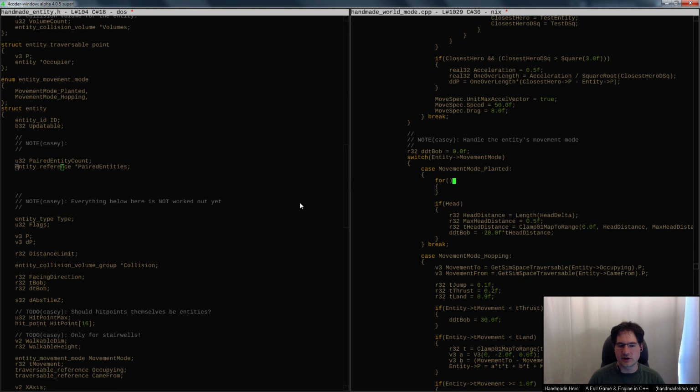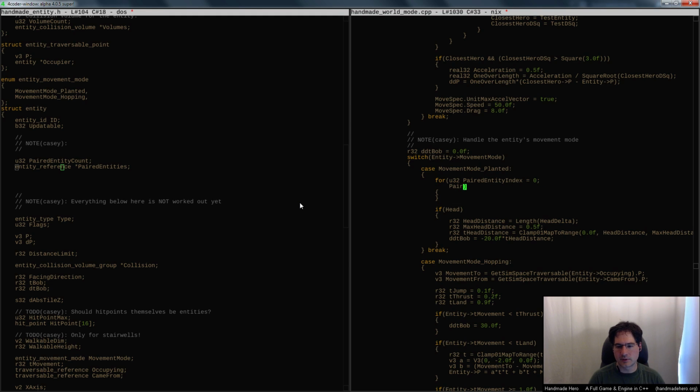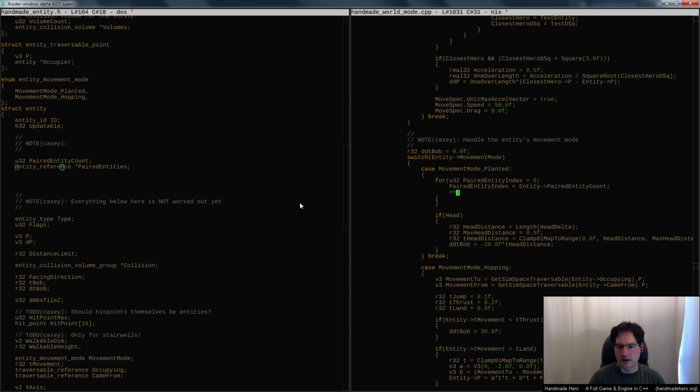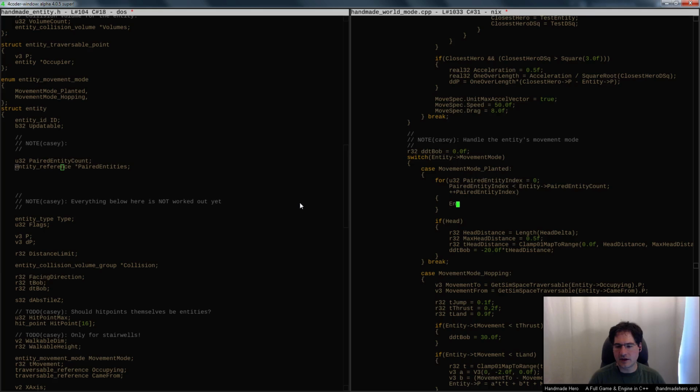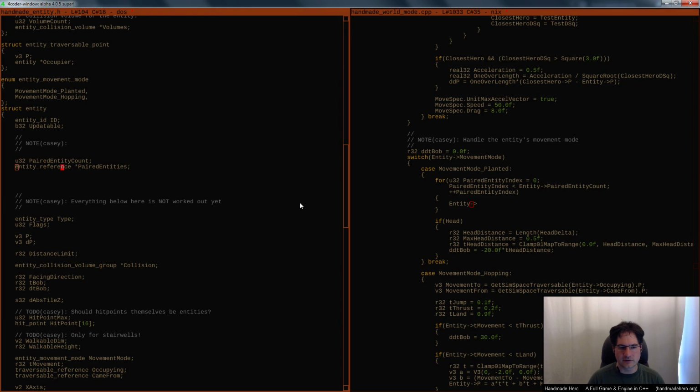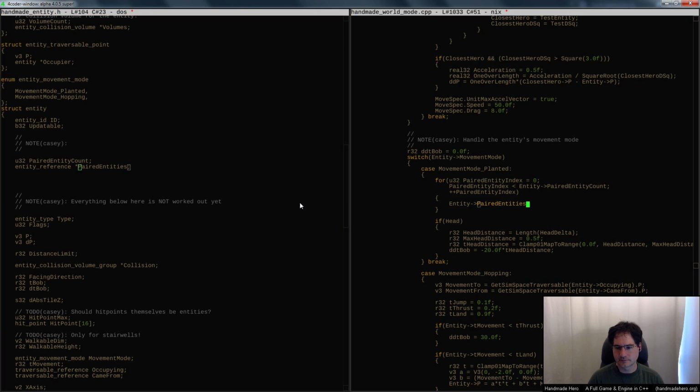And so in this case, I'm not sure, but let's say that that's what we were going to do. So imagine here we're going to say paired entity index or something like this. And we would say paired entity index is less than paired entity count for the entity that we're on, and then we would increment that. Then we would look at which entity that was in the paired entities, and we would grab out our pair from that as a pointer.